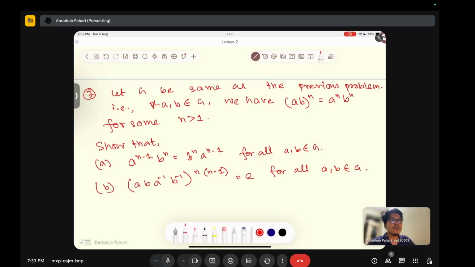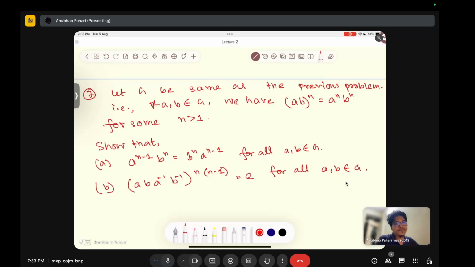Then on the left side I have applied a inverse. Then the left side will become a^(n-1) b^n, and the right side will be b·(ab) into (ab) n minus 1 times.